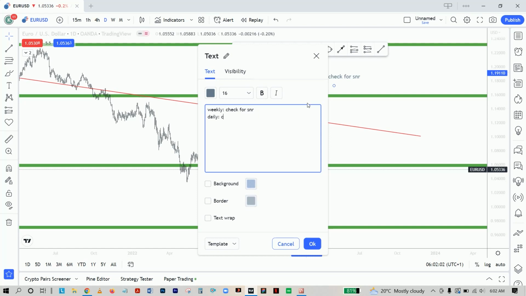I check for direction of the market. Then 4-hourly, what do I do? On the 4-hour, I place my entry.